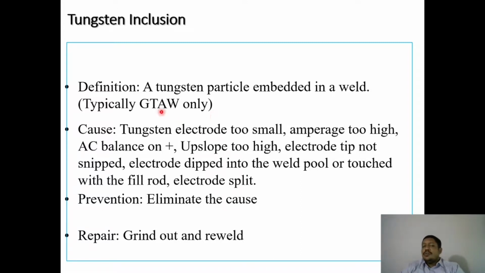So you have to ensure that the tungsten electrode does not melt and get deposited into your joint. The reasons are that the electrode is too small, amperage is too high, or AC balance is on. These are some of the reasons for tungsten inclusion. So by proper settings on your machine, you can avoid tungsten inclusion in your material.